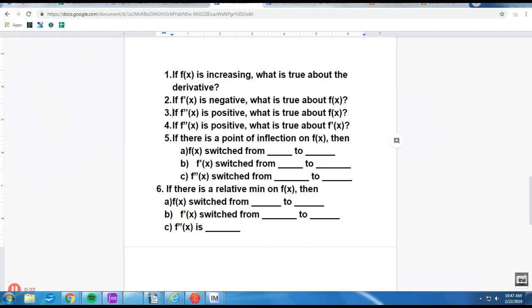Alright, in 6, there's a relative min on f of x. So this is f of x, and I've got a point down there. So f of x switched from decreasing, we're going down to that point, to increasing.